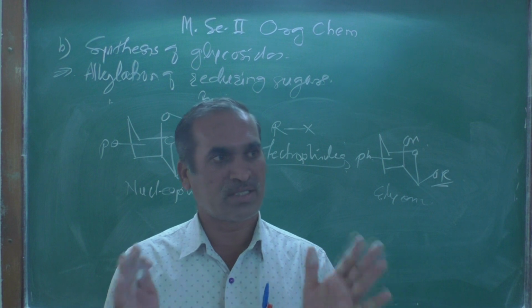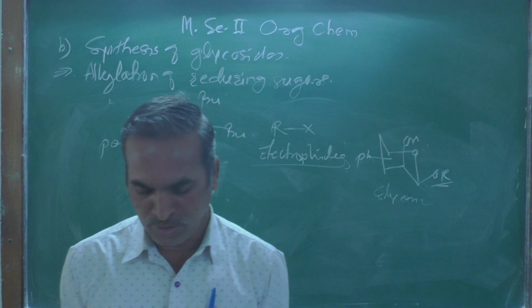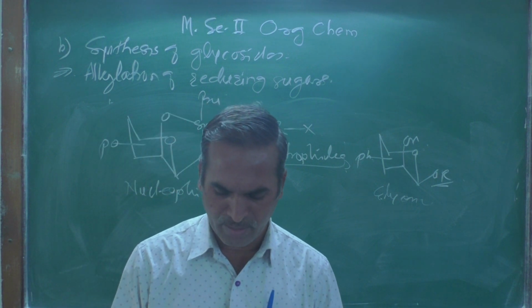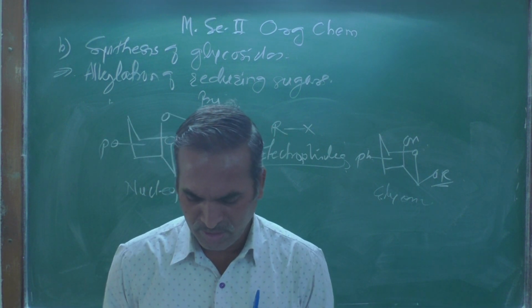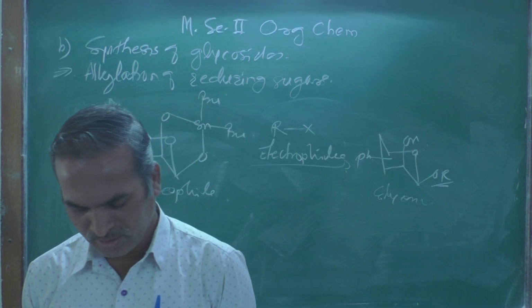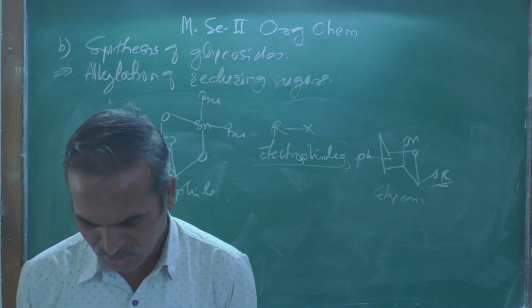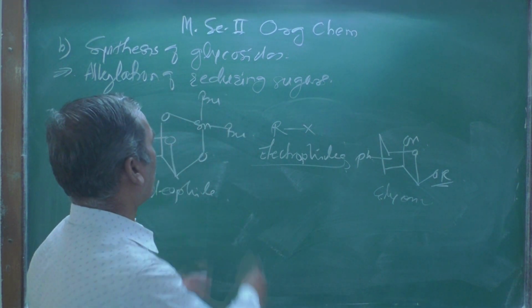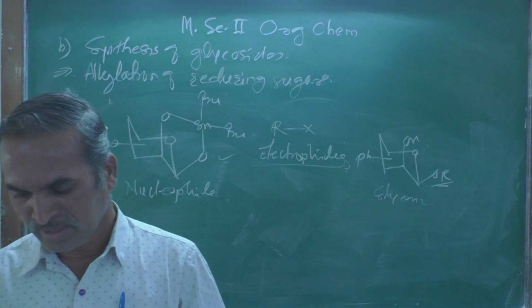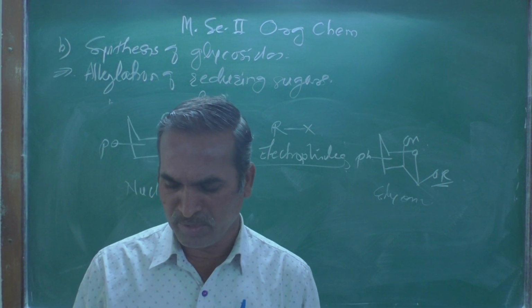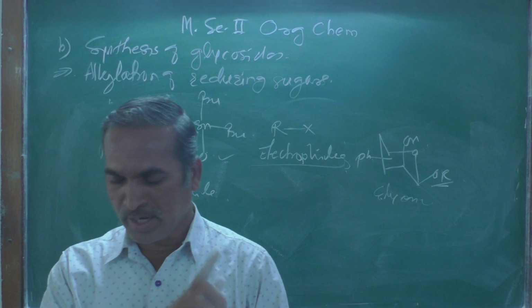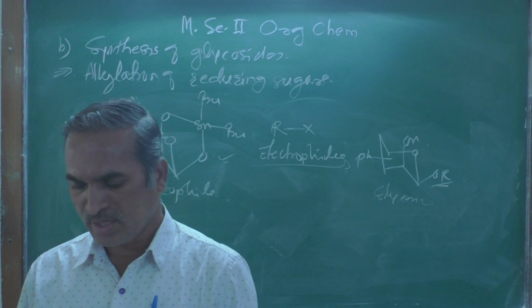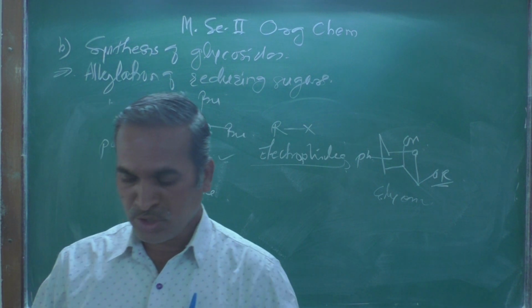So remember this alkylation of the reducing sugar. Glycosylation via locked anomeric configuration, Scheme 2, the general procedure for the anomeric O-alkylation and glycosylation via locked anomeric configuration, we have seen with the help of this example. The anomeric O-alkylation method utilizes an anomeric sodium or potassium alkoxide as a nucleophile.